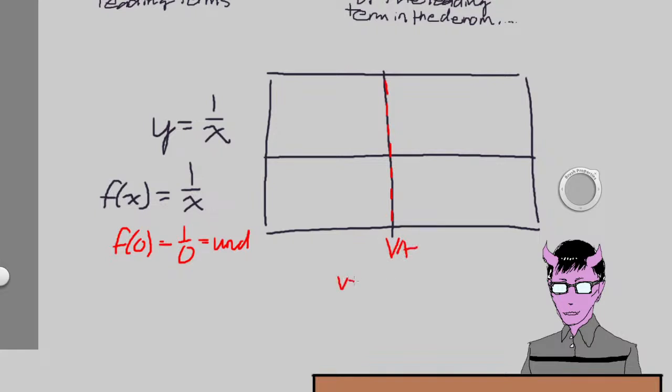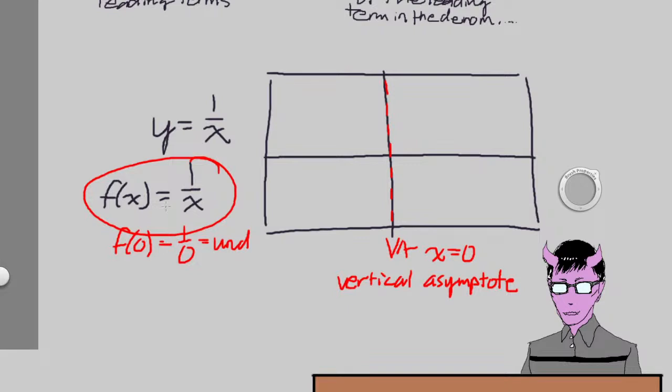For vertical asymptote, you spell it like this: vertical, and then asymptote. And this particular asymptote is at x is equal to 0. So this is the definition of the wall that is the vertical asymptote. And it is a wall that your function f of x cannot cross. It cannot cross because it has no value there.